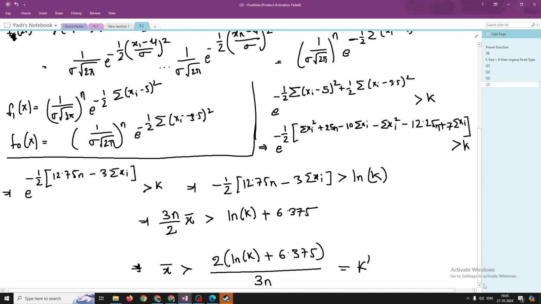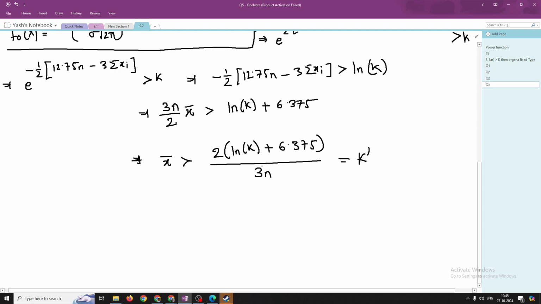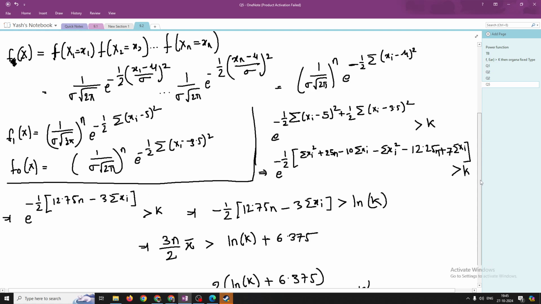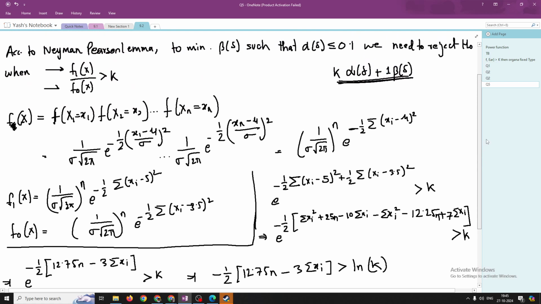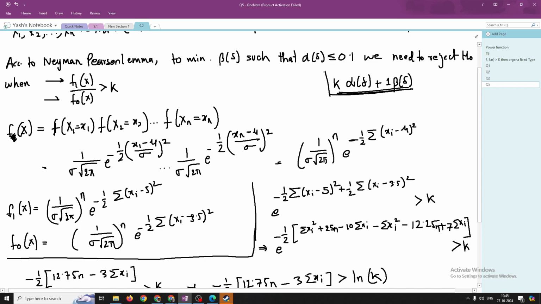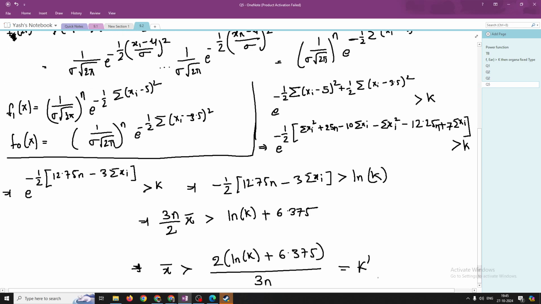So the point being that if I do this, if I reject my h naught when my sample mean is greater than this k prime, then this particular linear combination is minimized. But I also need to have this alpha of delta to be less than 0.1, right? So I need to choose that k prime accordingly.